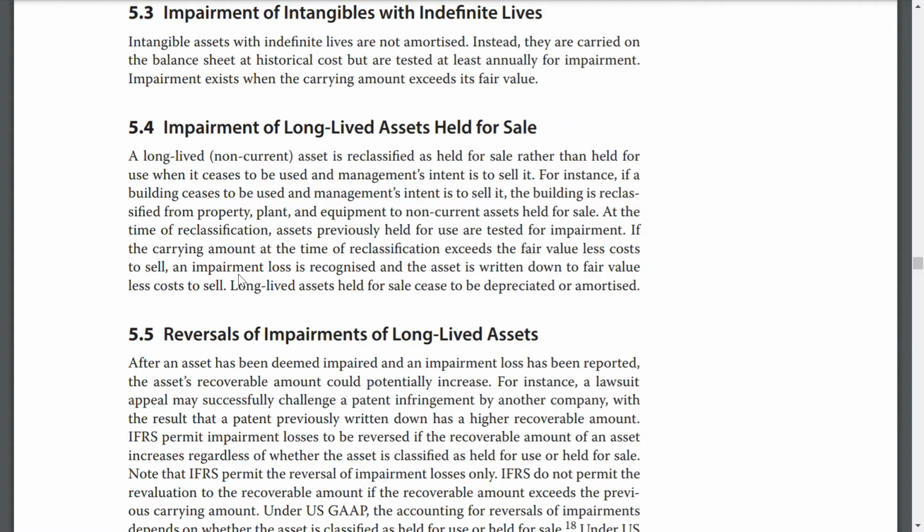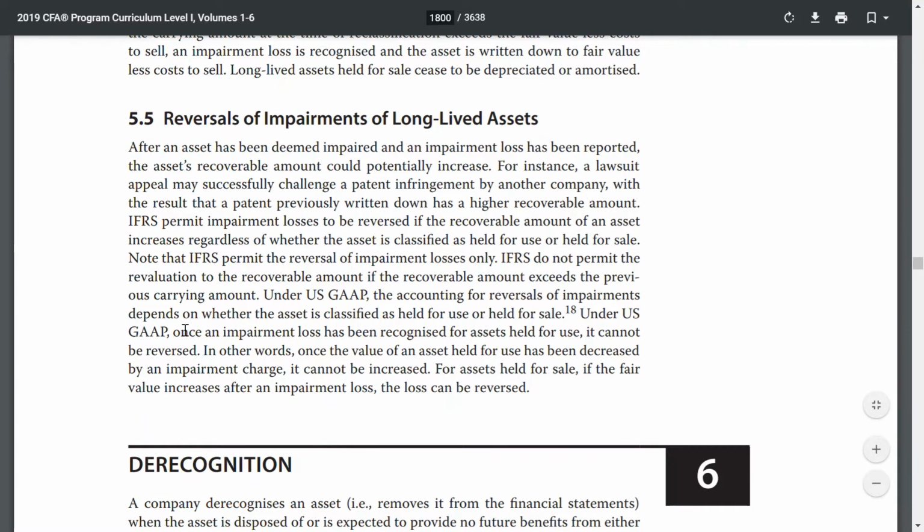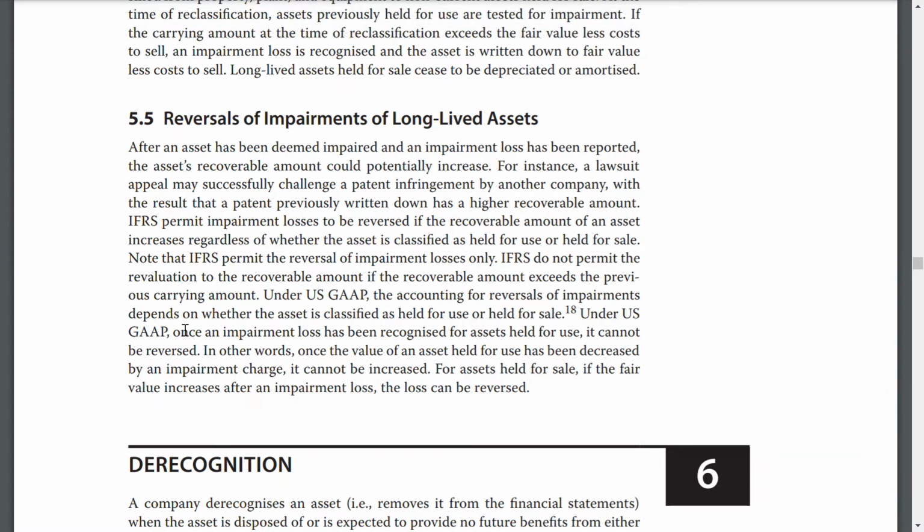Reversals of impairment of long-lived assets. After an asset has been deemed impaired and an impairment loss has been reported, the asset's recoverable amount could potentially increase. For instance, a lawsuit appeal may successfully challenge a patent infringement by another company.